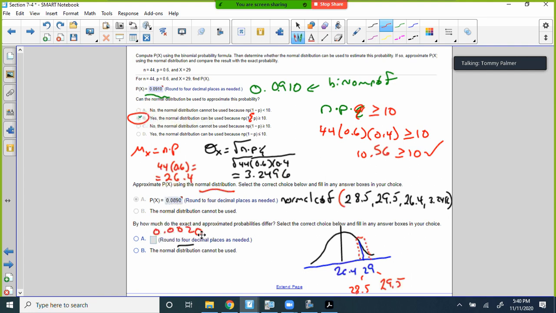If you change that to a percent, you're really looking at a 0.2% difference, and that's negligible. So it's a really, really close approximation. So there you go. Any questions on that one?